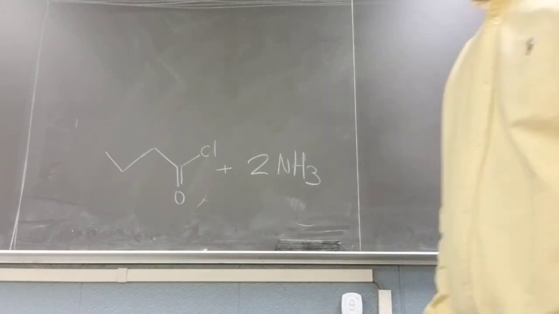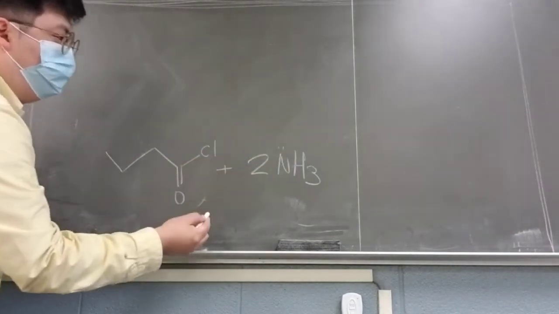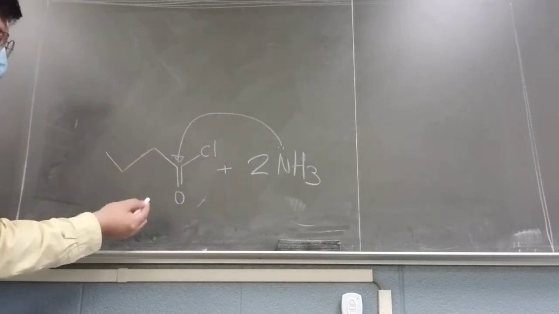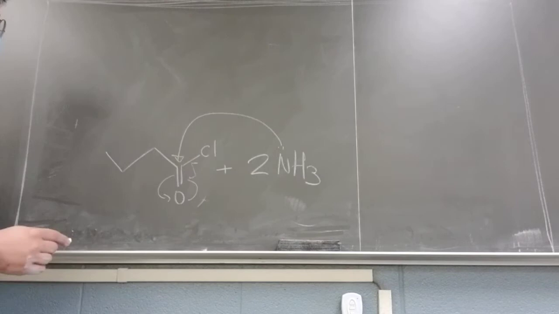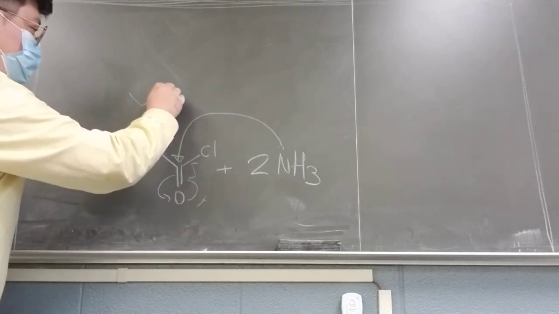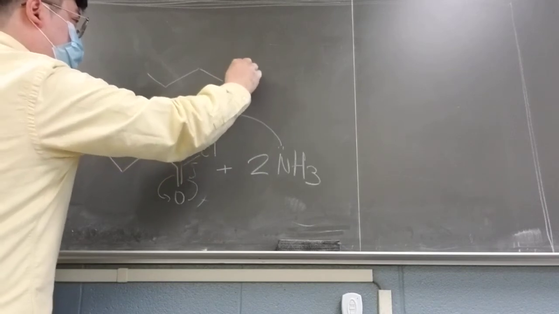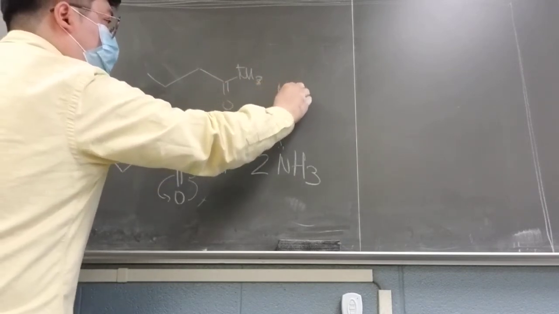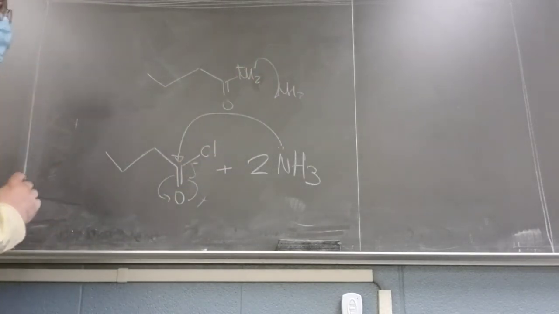Okay, so here's the thing. For this one, the lone pair on nitrogen goes to the electron poor carbon here, and down here. So initially it will become this one, but another ammonia grabs one of the hydrogens, so it becomes an amine group there.